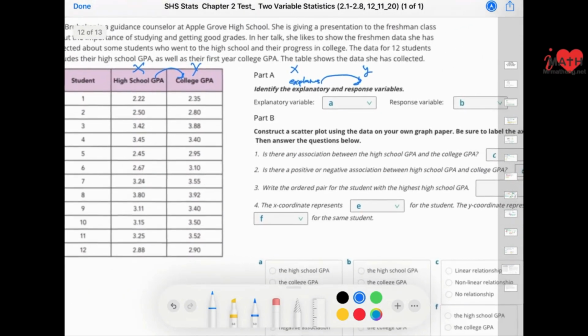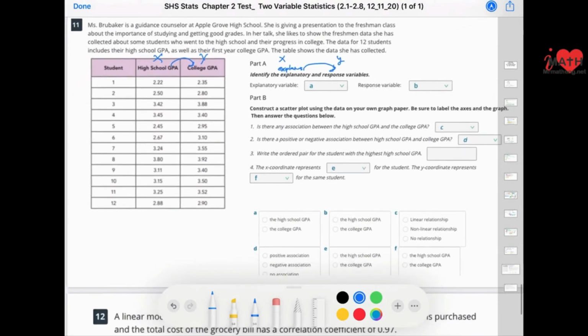So, A is going to be high school GPA. And what is the response? That would be college GPA. Okay, construct a scatter plot using the data on your own graph paper. I mean, you can just put that into your calculator. Let me do that.